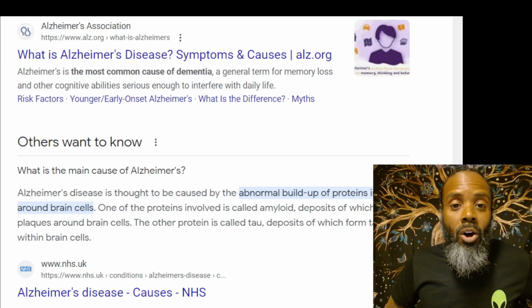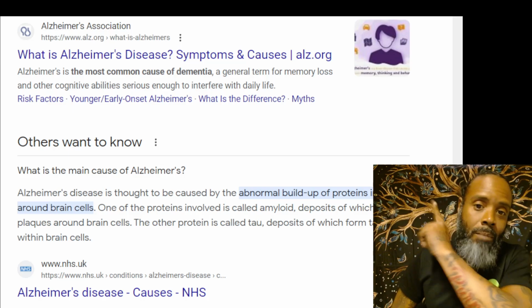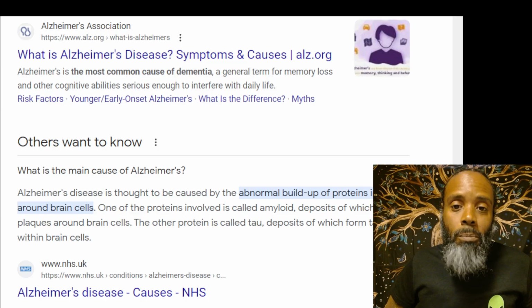So now let's talk about Alzheimer's disease. Alzheimer's, and I'm up at the top. Alzheimer's is the most common cause of dementia, a general term for memory loss and other cognitive abilities serious enough to interfere with daily life.